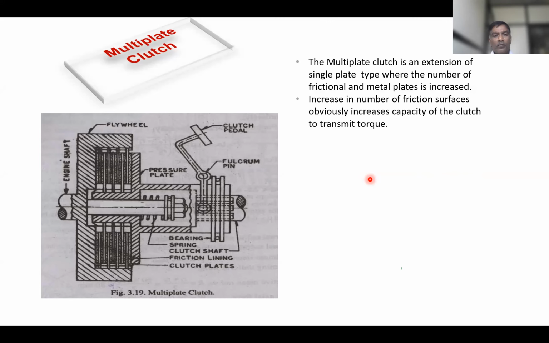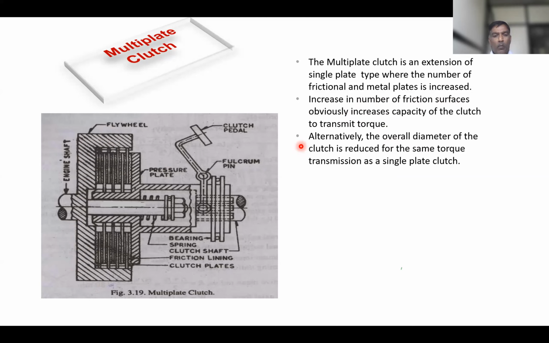Here you can see this is the flywheel, and it is made in such a way that there is one housing to incorporate the metal plates and the friction plates. The increase in the number of friction surfaces will increase the torque transmission capacity.